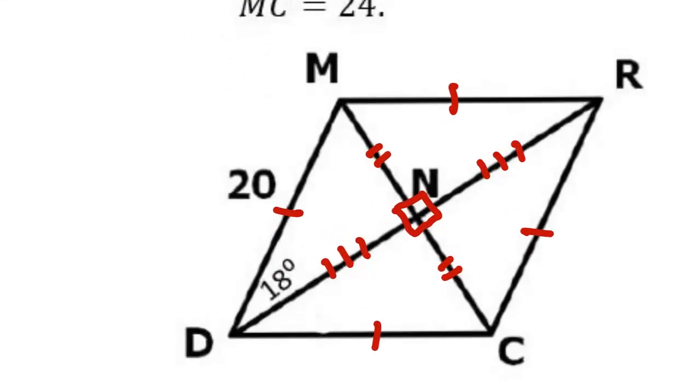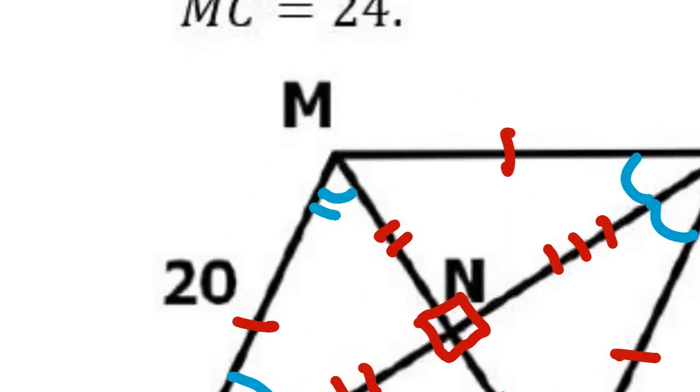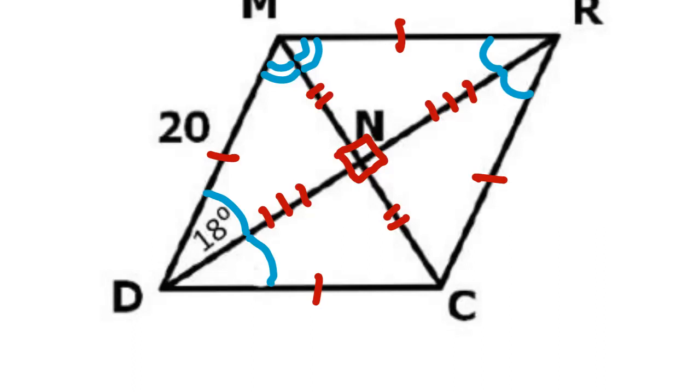And then those diagonals are bisecting those angles. So MDN is congruent to CDN, is congruent to MRN, is congruent to CRN. And DMN is congruent to RMN, is congruent to DCN, is congruent to RCN.